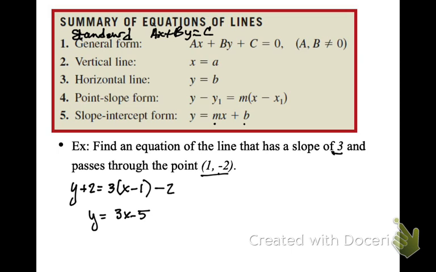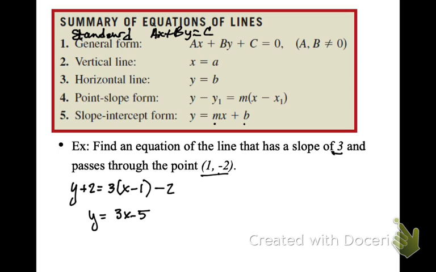So y plus 2? Yeah. You get -5. How did I get -5? Where'd you get the negative 2 from?